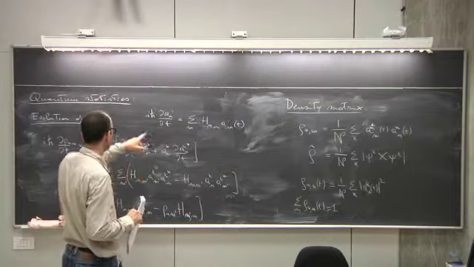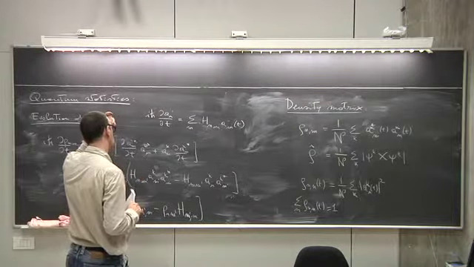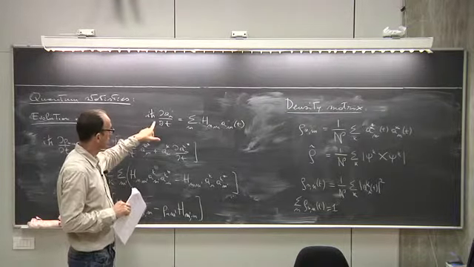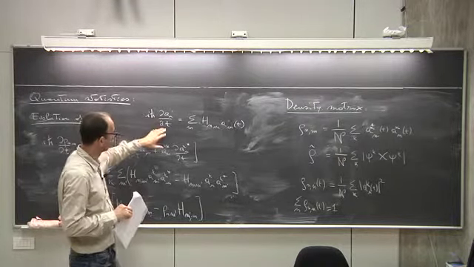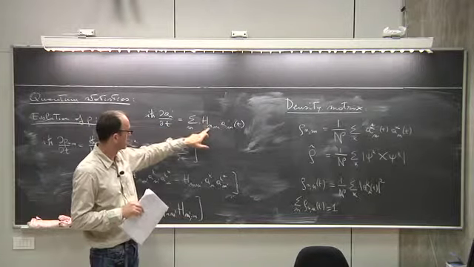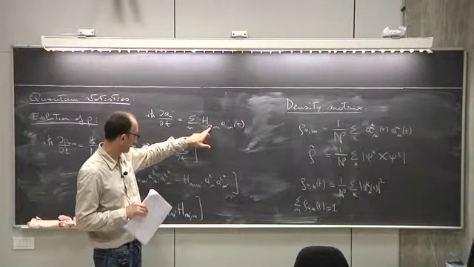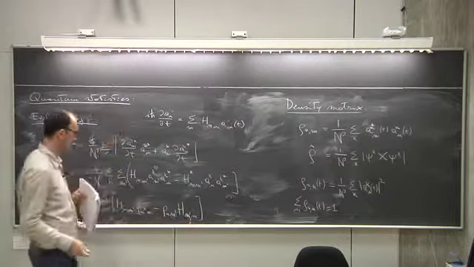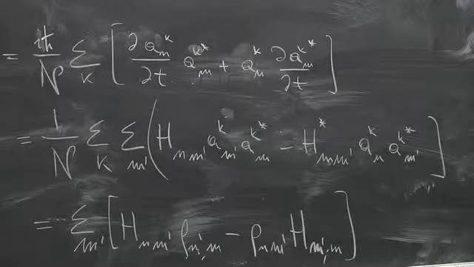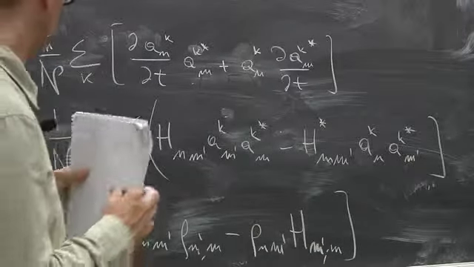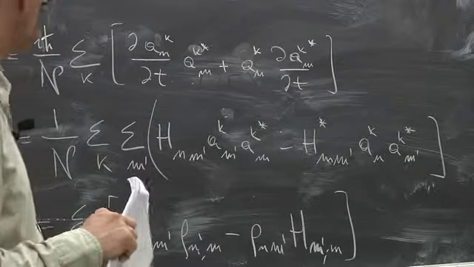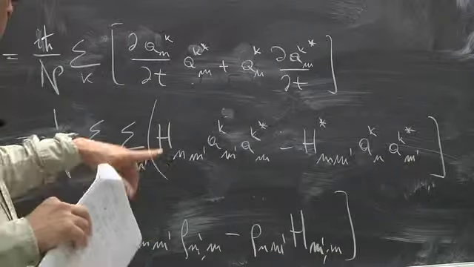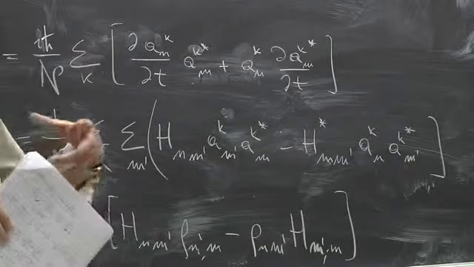When I take the complex conjugate of this, I have h star m prime m, which is h m prime m, because h is a Hermitian matrix. Now this is exactly the nm matrix element of the commutator.